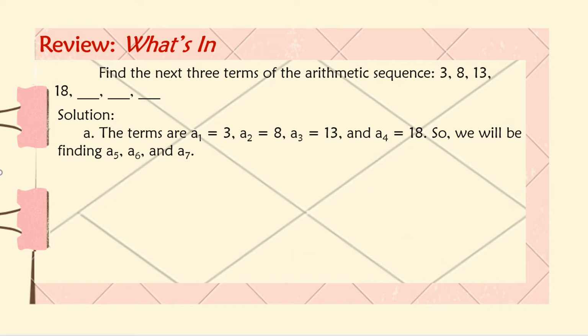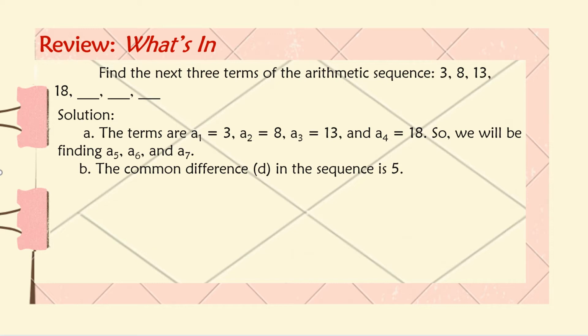Those are the givens. Again, the first term a sub 1 is 3, second term 8, third term 13, and fourth term is 18. So we will find a sub 5, a sub 6, and a sub 7. That is the next three terms.